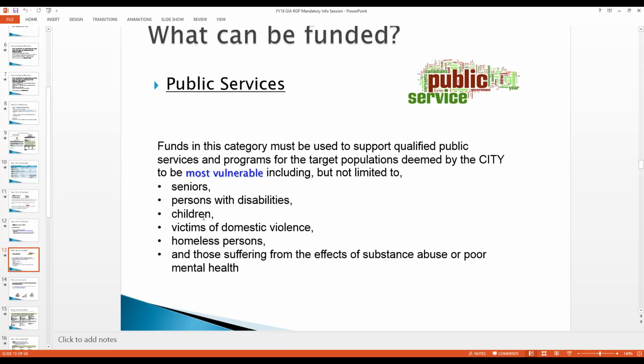In fact, it's the burden on you to prove how the target population is vulnerable or economically and socially disadvantaged. So you have to provide evidence and of course define what makes your targeted population vulnerable and eligible for funding so that the GIA Commission can score your application accordingly. But again, the priority of Grants in Aid is to fund projects or programs that provide services to the most vulnerable population.